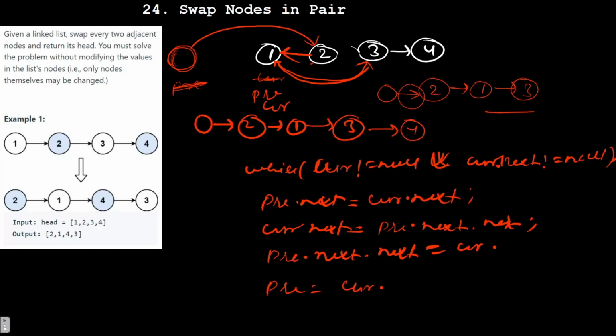Cur is going to cur.next, that is 3. This is going to be our next cur, so cur equals cur.next. Okay, the same will be followed for the next iteration, and if you want to check, you can do it yourself. I'm not going to do that because it's going to make our video too lengthy. So the same steps will be followed, and at last we will be able to make our list.